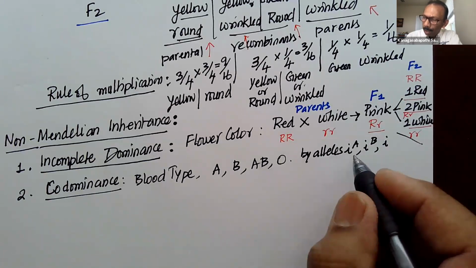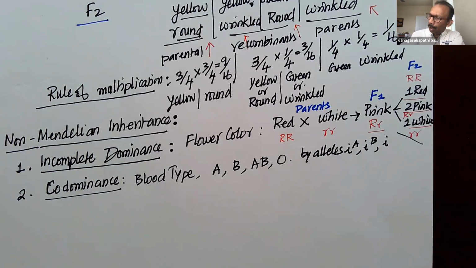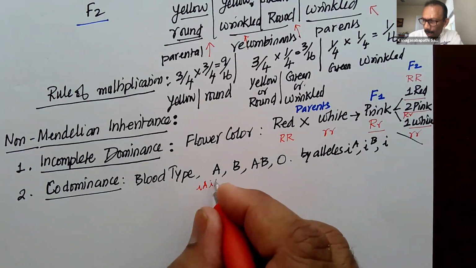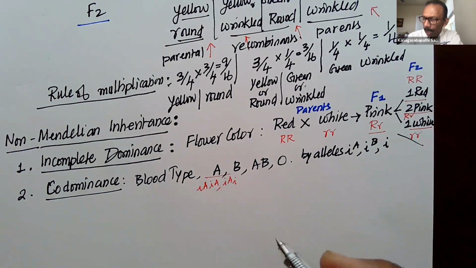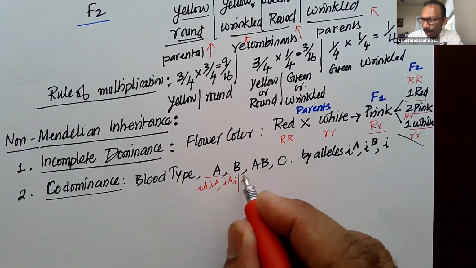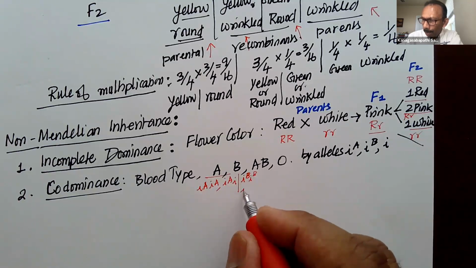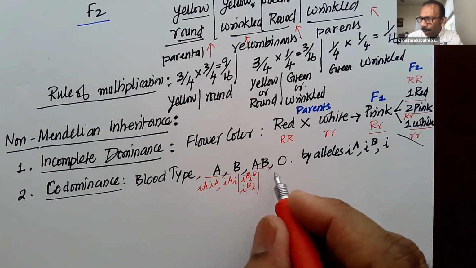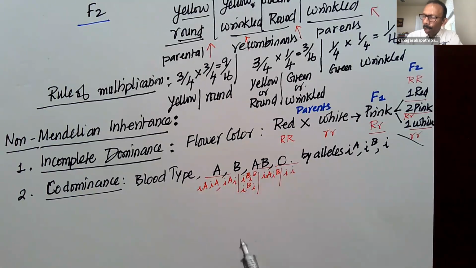Type A can be IA IA or IA i. Type B can be IB IB or IB i. AB is IA IB, and O is i i, with no proteins formed.